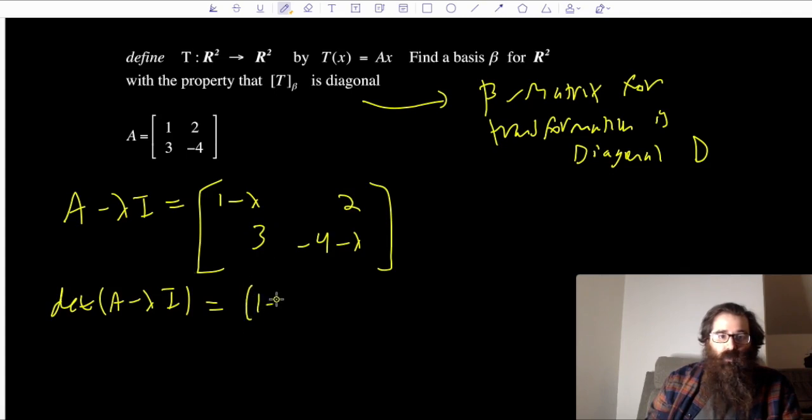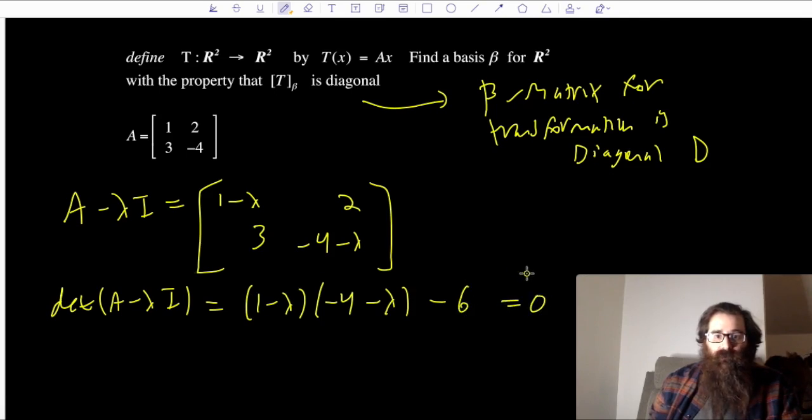That's going to be 1 minus lambda times negative 4 minus lambda, and then minus 2 times 3, which is 6, equals 0. Expand this out. Negative lambda times negative lambda is positive lambda squared. I'm going to get 4 lambda minus lambda gives me plus 3 lambda when I combine those like terms. Negative 4 minus 6 gives me negative 10, equals 0.